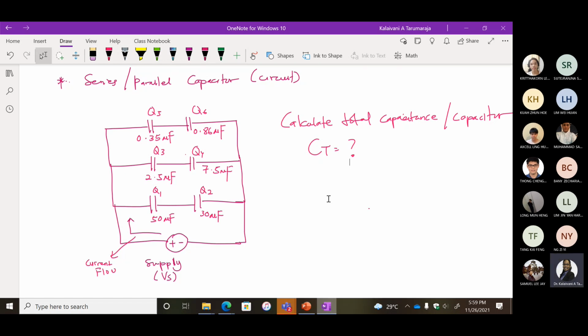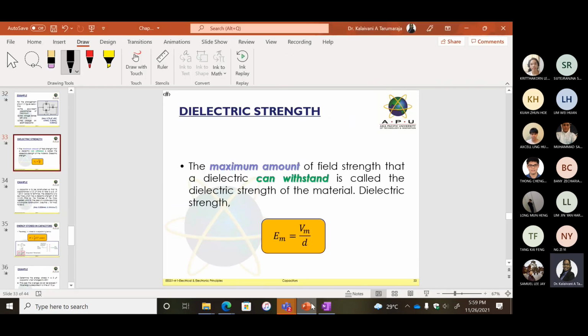Have a look carefully. Can you do it? You may have a look at your slides.